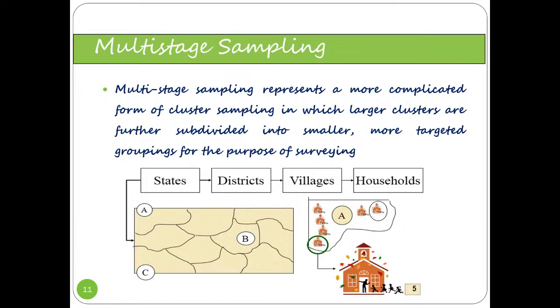Frames can be anything: directories, maps, lists of households, villages, taluks, gender. If you are doing a study on disabled kids and you want to study that population, you will know that in my study population, South Chennai, there are 10 schools focusing on disabled kids, and out of that so many females and so many males.